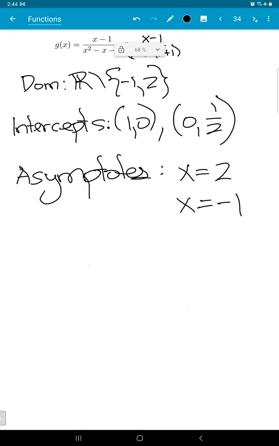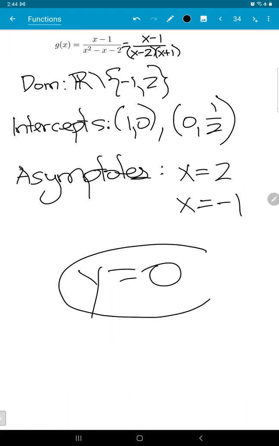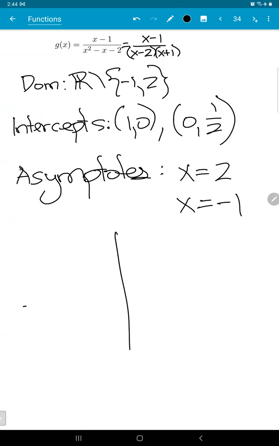So it's always y equals 0 no matter what. Basta't yung degree ng numerator mas mababa, laging x-axis ang horizontal asymptote mo. By the way, this is not the y-axis, okay? This is the x-axis. Kasi the y coordinate is 0. So yan yung laging magiging horizontal asymptote mo. So in other words, kung mas mababa yung degree, ang dali na lang, no? Hindi mo na kailangan mag-divide.